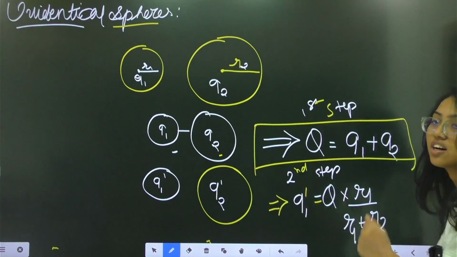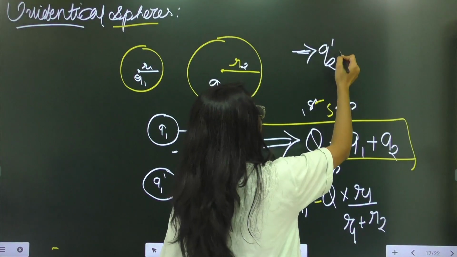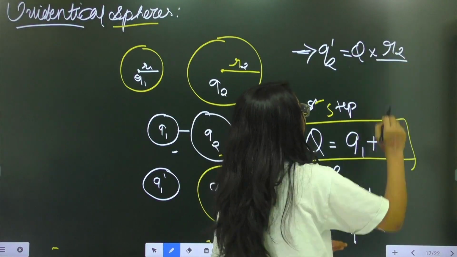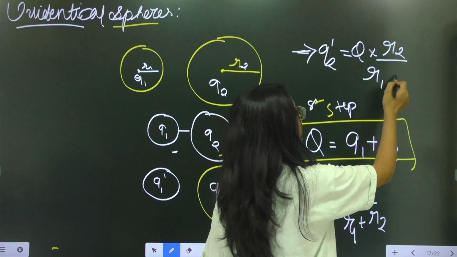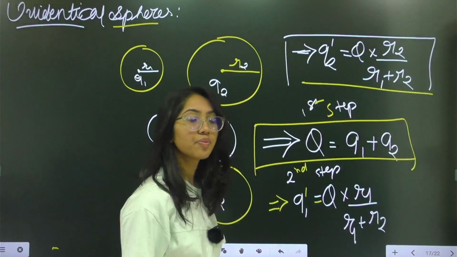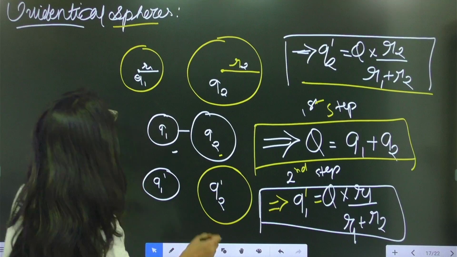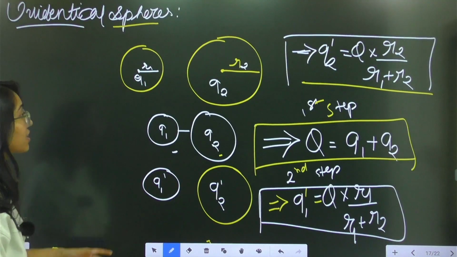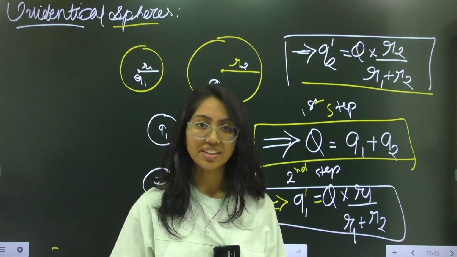Q2 dash is the same as Q1 dash, capital Q, but here on the numerator R2 will be there, over R1 plus R2. It will be similar. This is for unidentical spheres, when the spheres have different radii from each other.